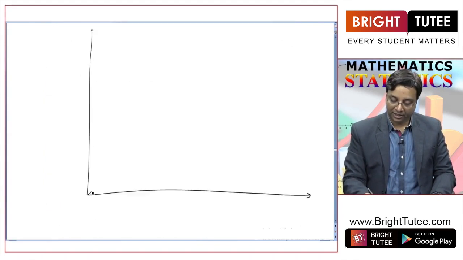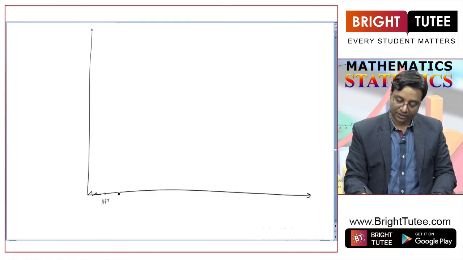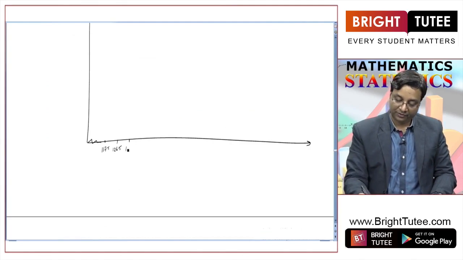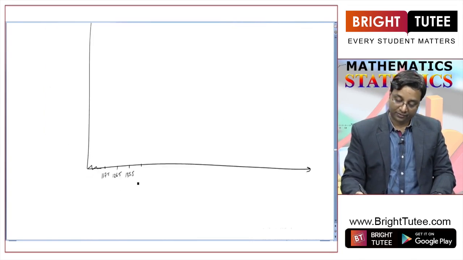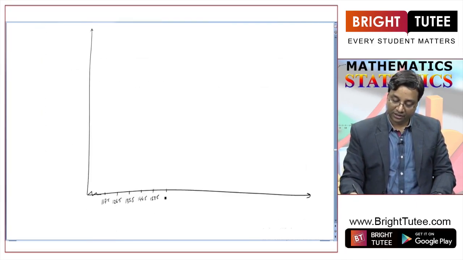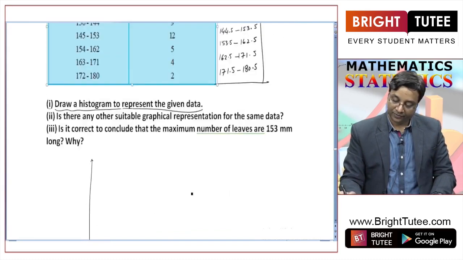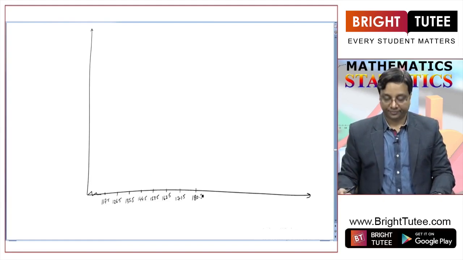So I'll draw a kink here just to show the continuity, and let me say this is 117.5, this is 126.5, this is 135.5, this is 144.5, this is 153.5, and the next one that I had was 162.5, 171.5, and the last one 180.5.